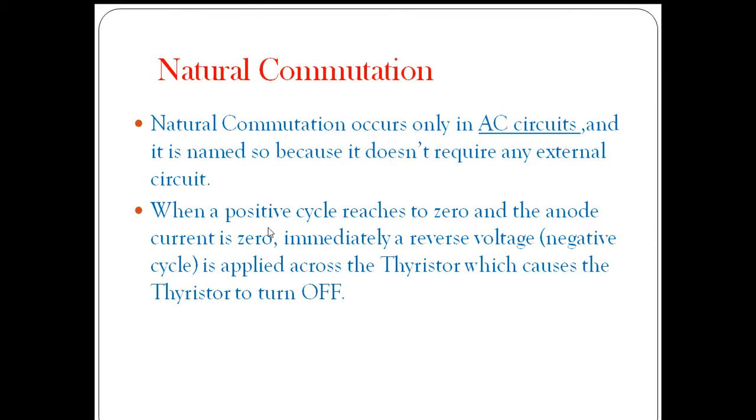So that passing of natural zero is used in natural commutation. Whenever the supply current passes through natural zero, the device will automatically turn off. The SCR is automatically subjected to reverse bias in the natural commutation technique.